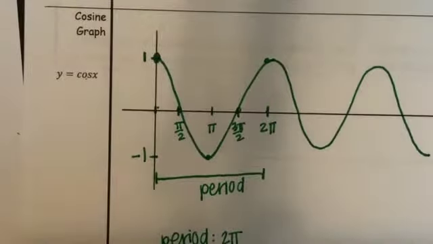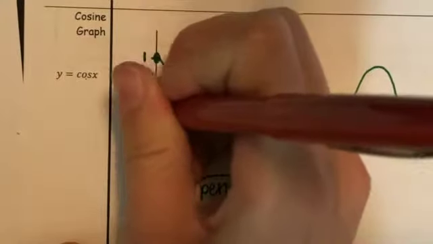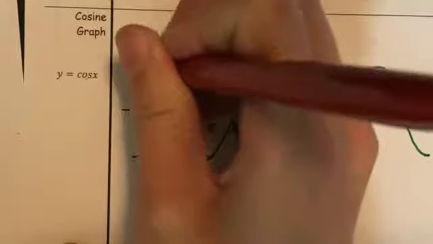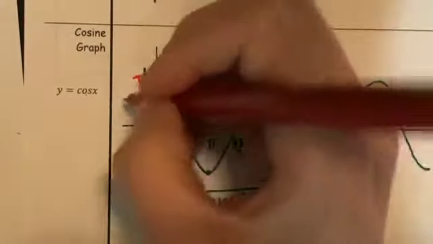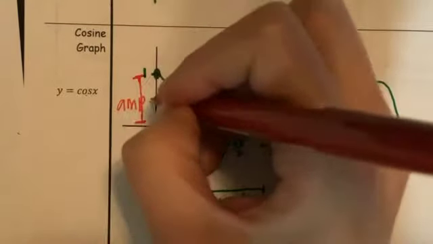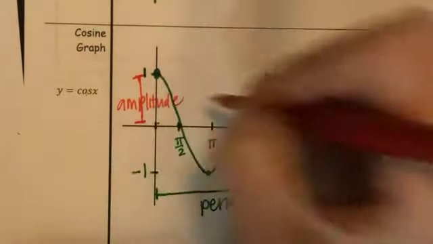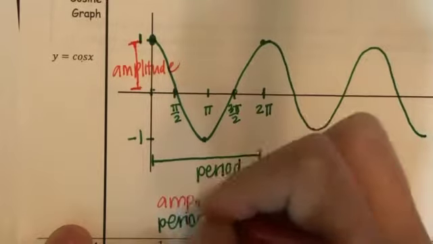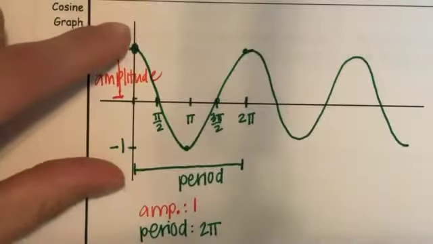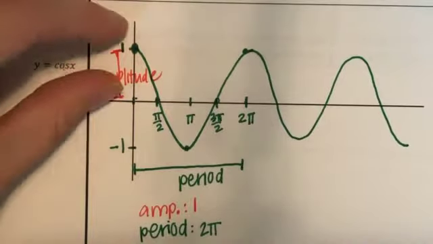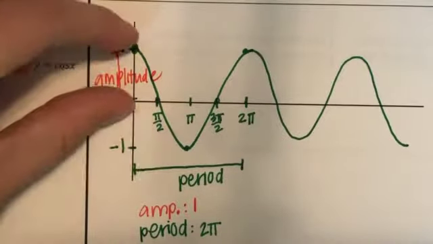And then our amplitude, exactly the same as what we did with sine, is going to be 1. So this is the amplitude, and our amplitude is 1. That whole height of the graph is divided in half, and you always divide it in half.